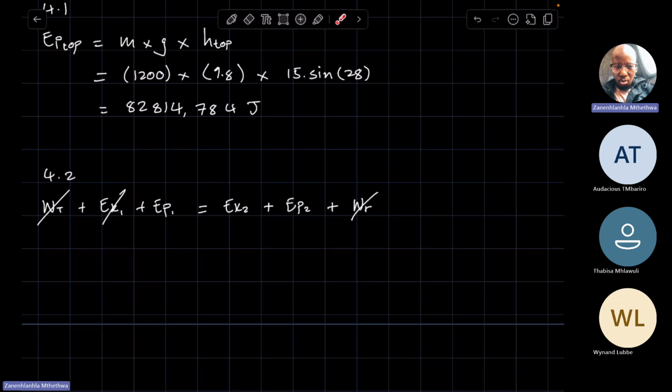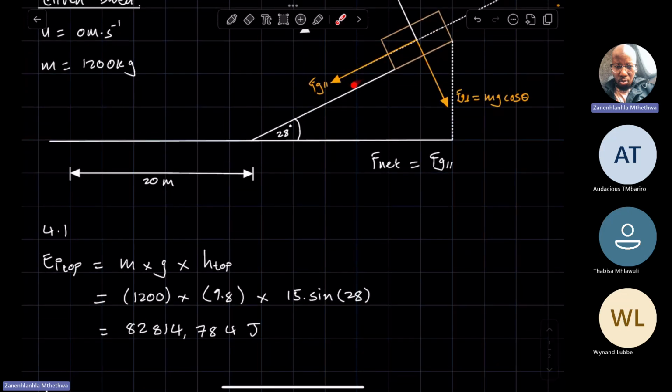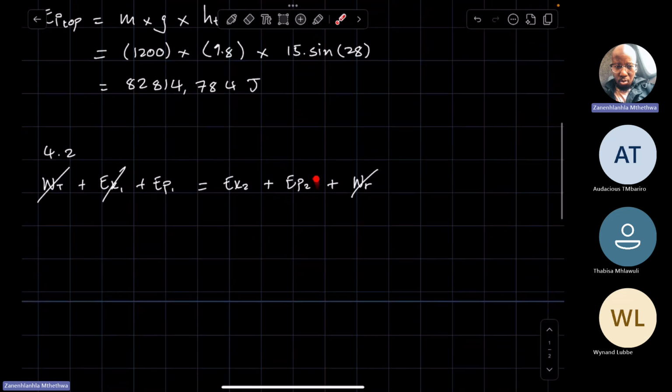Because this is at a height h from the ground, there is some potential. Then it moves 7 meters from the top of the hill, and at that point the object has accumulated some kinetic energy, which is the one we need to calculate. At this point it is still at a height h from the ground, meaning you have some potential as well.